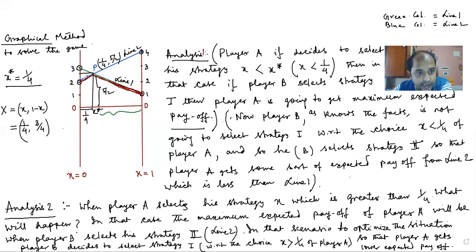So this is the line which we can expect is going to remain the situation from the viewpoint of both player A and player B. So this is the lower part of the intersecting lines. So this lower part and this intersection point is the thing which has to be taken into consideration.